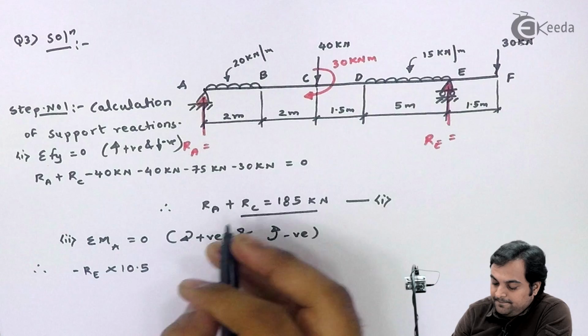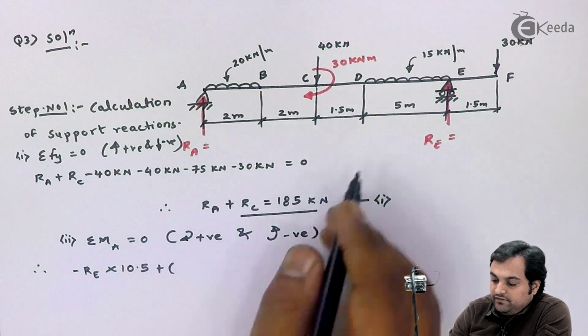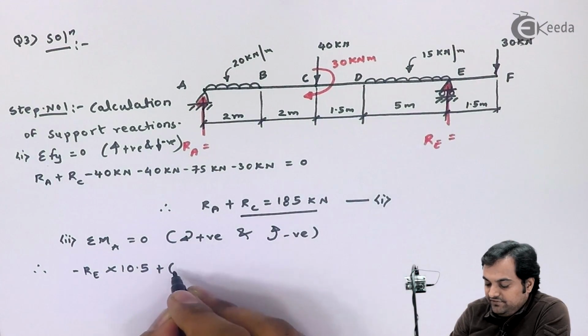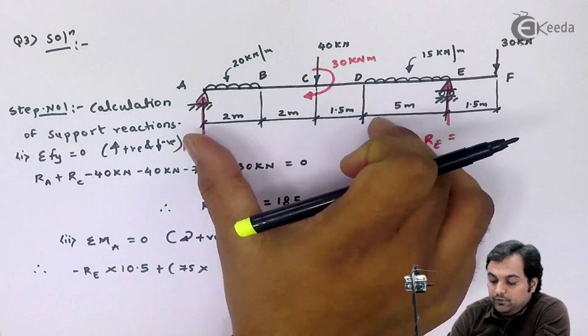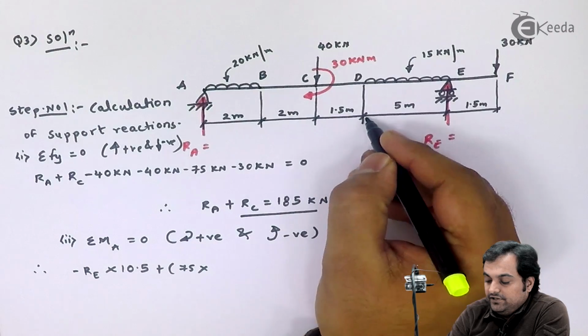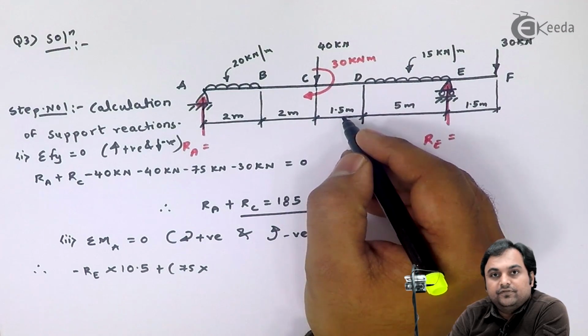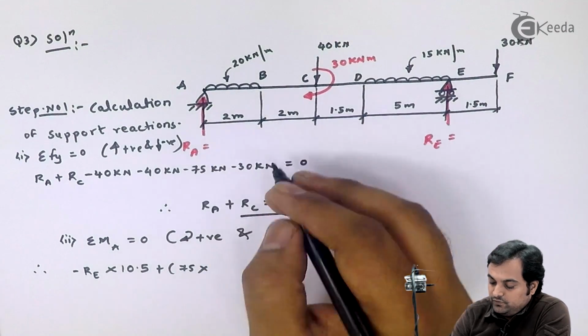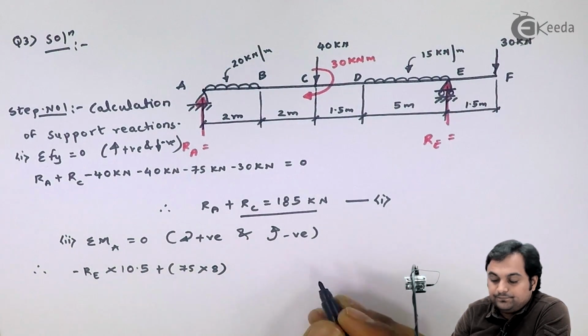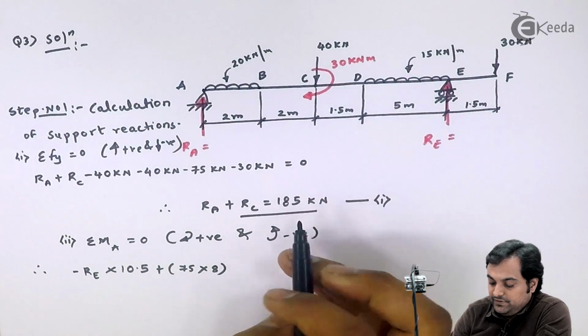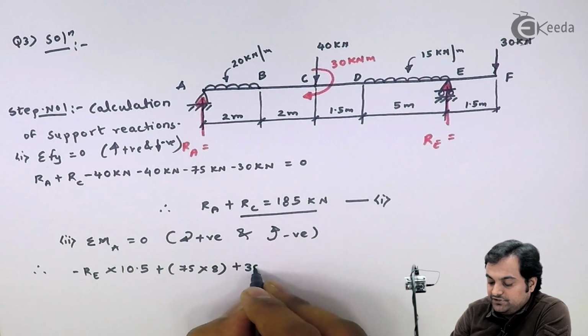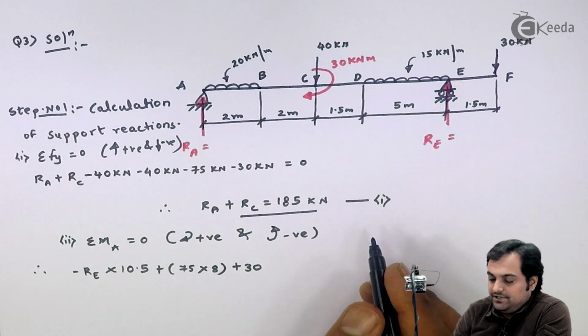So here I have plus 15 into 5, that is 75, multiplied by its distance from point A, that will be 2.5 plus 1.5, that is 4 plus 4, 8. And here I can see one more clockwise moment, 30, so I'll write it as it is because it is positive in the clockwise direction.